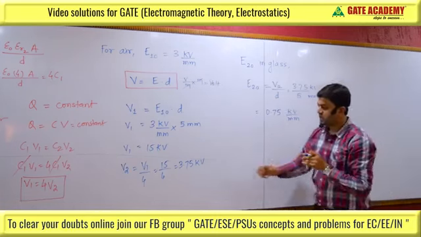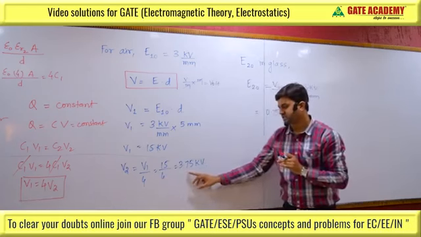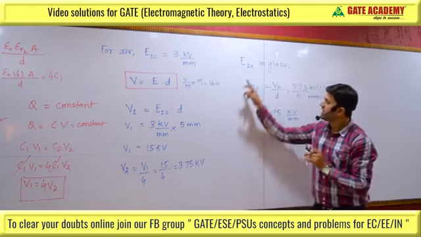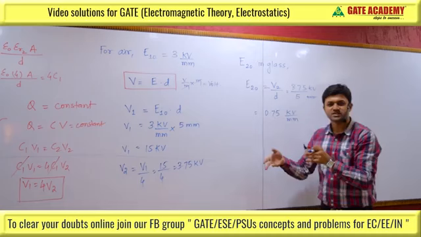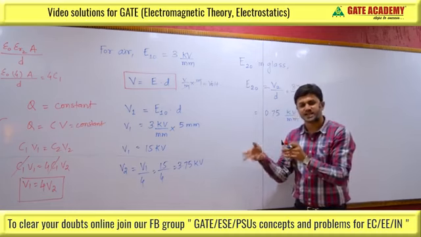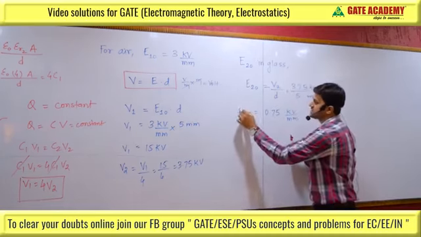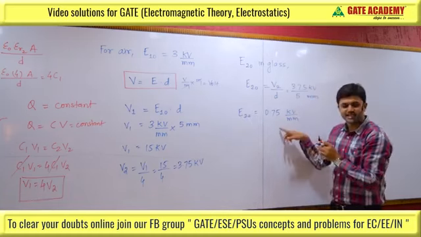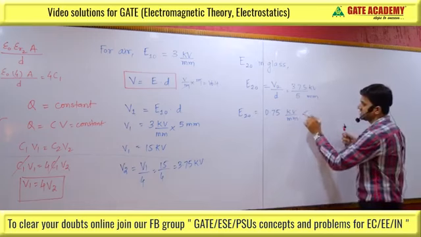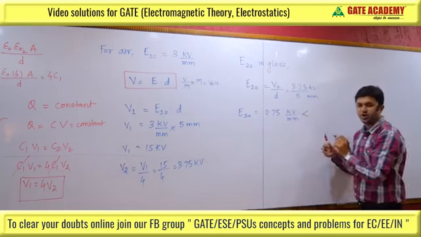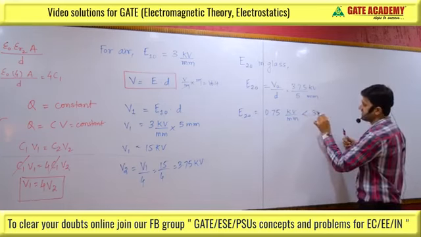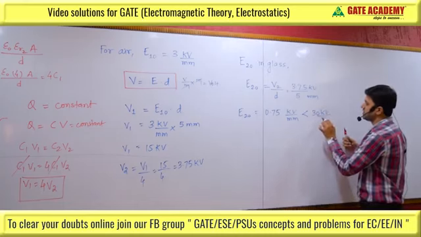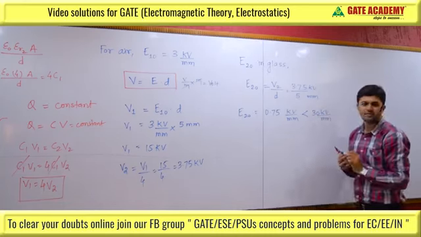So if we apply the voltage 3.75, then the electric field across the second dielectric or the second capacitance is 0.75, which is less than the dielectric strength of glass, which is given as 30 kilovolt per mm.